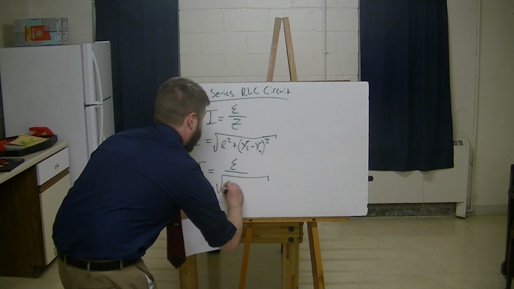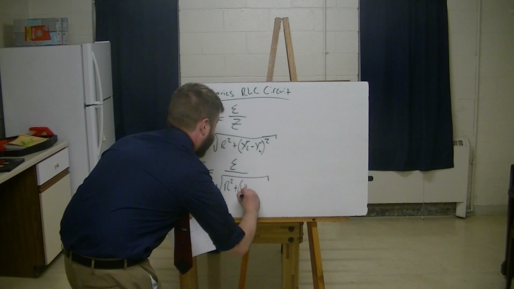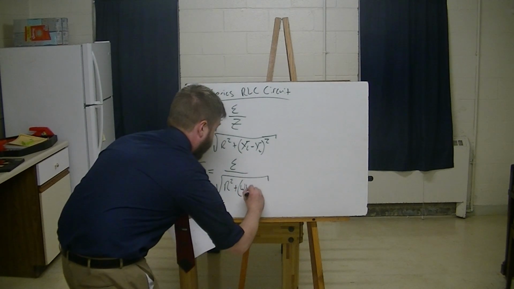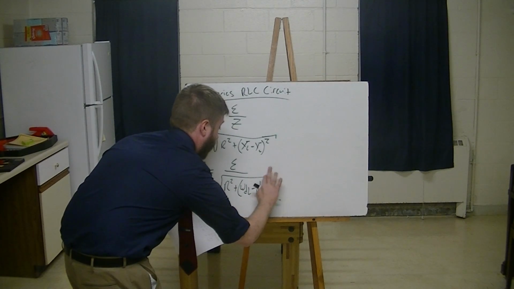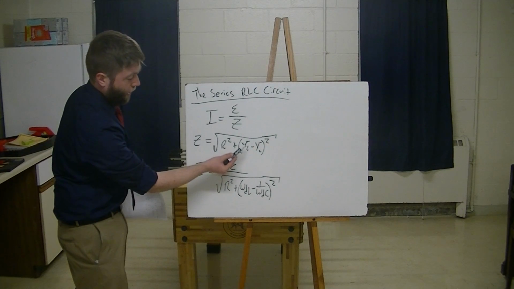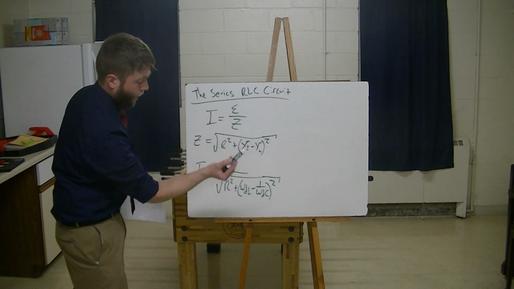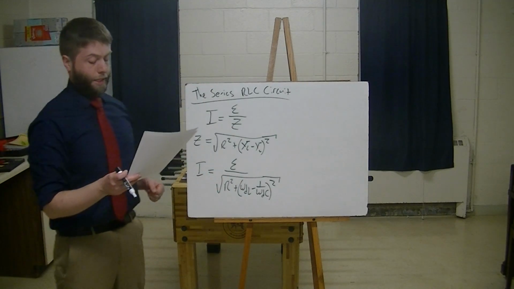So now this is going to be R squared plus omega d L minus 1 over omega d C, and this quantity is still squared. All I did here was replace the inductive reactance and capacitive reactance with omega d L and 1 over omega d C.